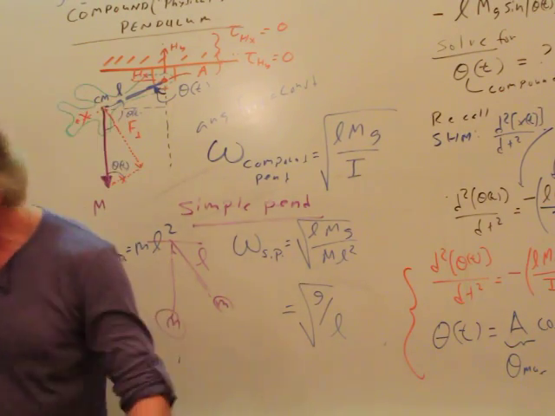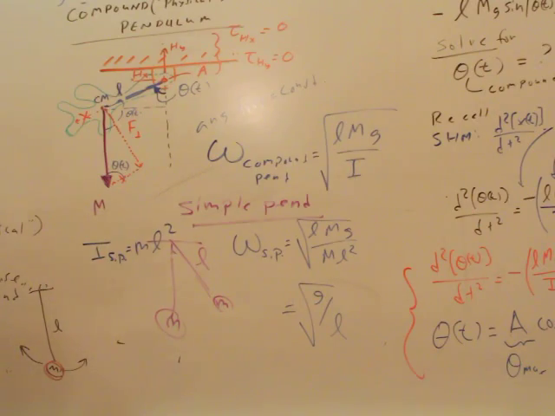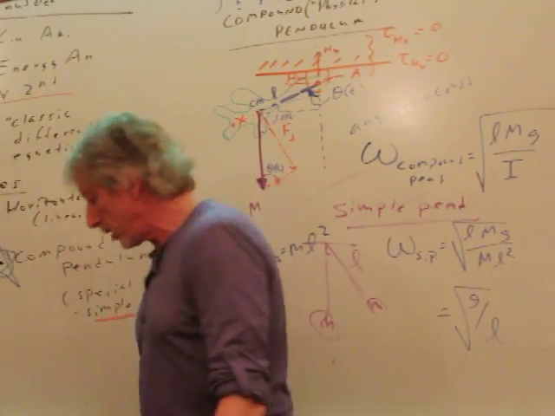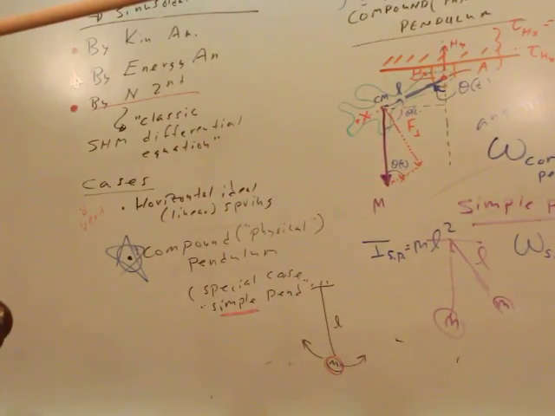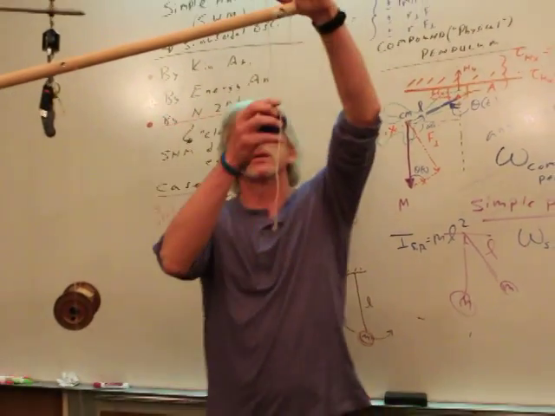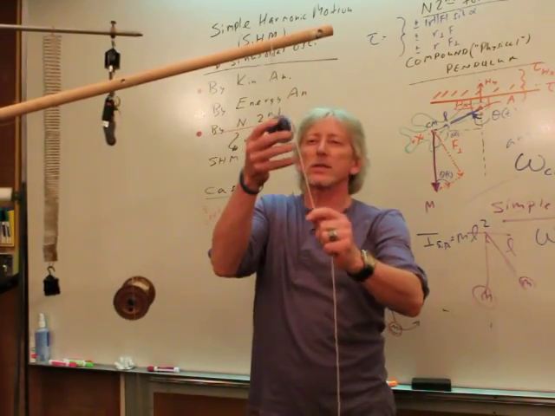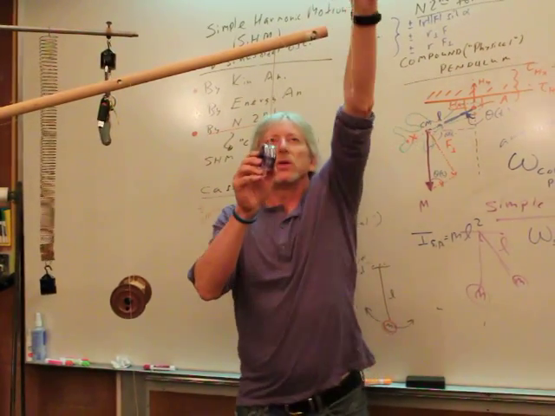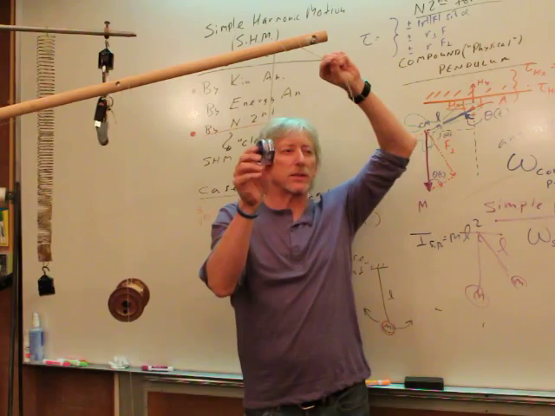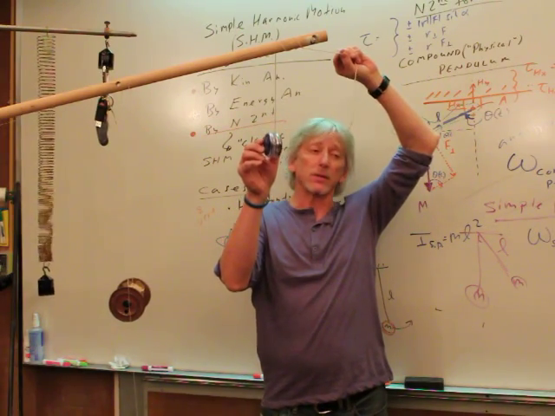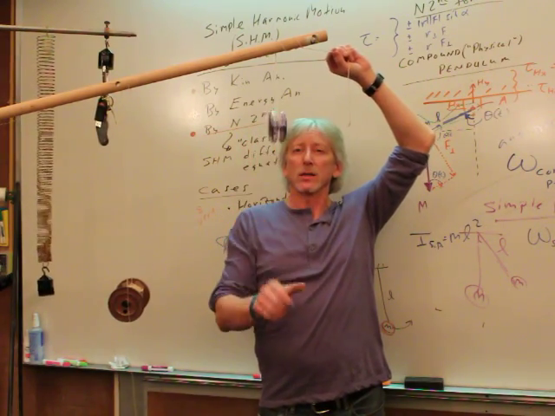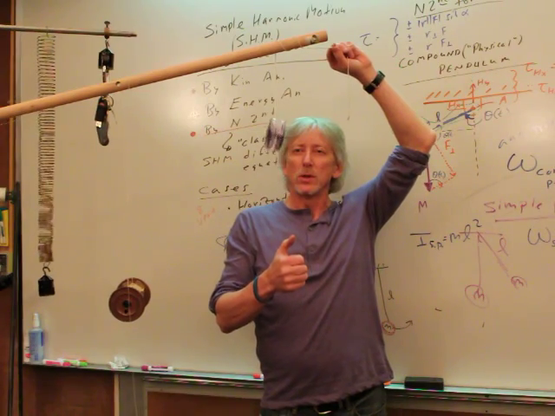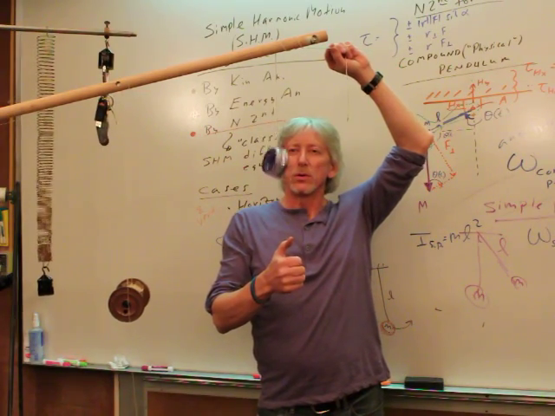And finally, let's check it. All right, here we are. All you got to do is take something, stick it on a string, and you can count. Do it for 10 seconds, how many cycles, or do it for 10 cycles, that's easier. And then time it. 2, 3, 4, 5.